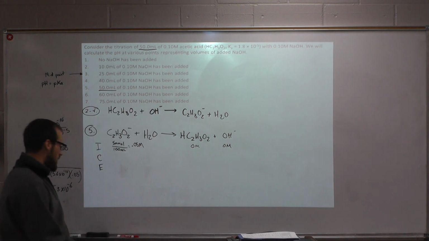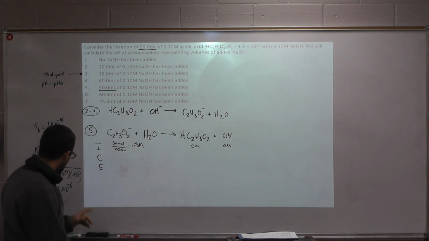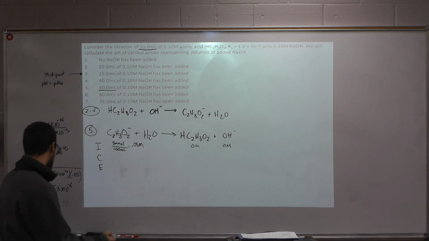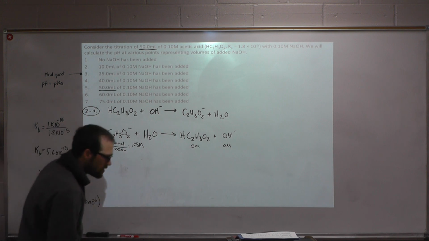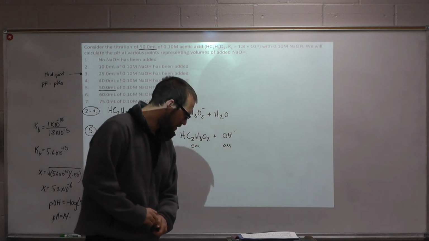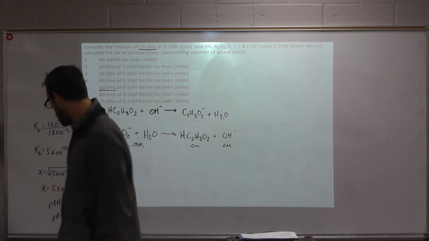And again, there's a couple ways you could do it. You could take this and convert to H plus, then negative log, or you could go negative log to find pOH. And then your pH is 14 minus that, which I don't know off the top of my head what pOH is.